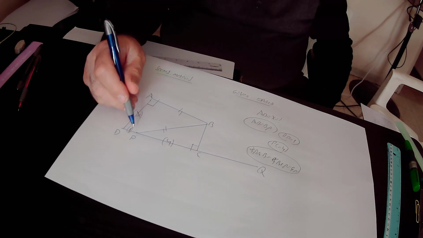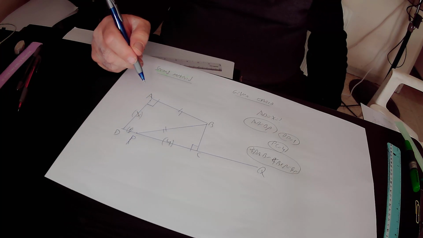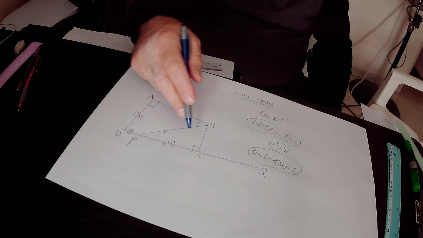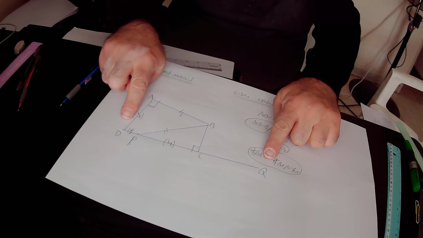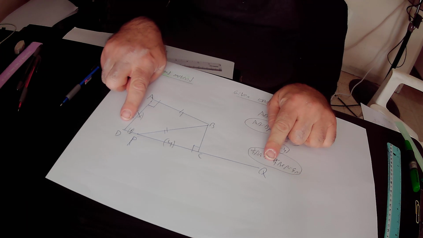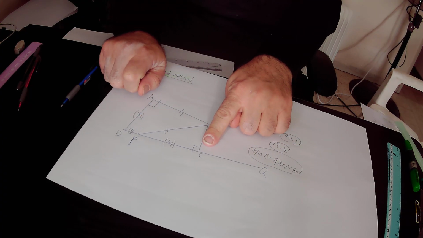DC is one side of quadrilateral ABCD, and therefore it is a straight line. When you extend the straight line, the result DQ is also a straight line. DQ is a straight line, so if you focus on the upper side of the straight line DQ at point C, the sum of the angles must be equal to 180 degrees according to rule 3.